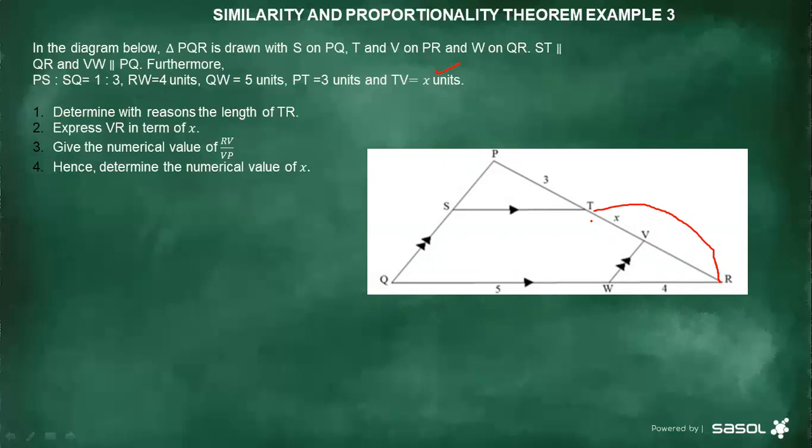The actual distance we have is from P to T. The way we have moved on this side, TR divided by PT, we must also move the same way on this side, because line ST is parallel to QR. Let's see if that is the case. Yes, TR divided by TP equals SR divided by SP. Line parallel to one side of a triangle.